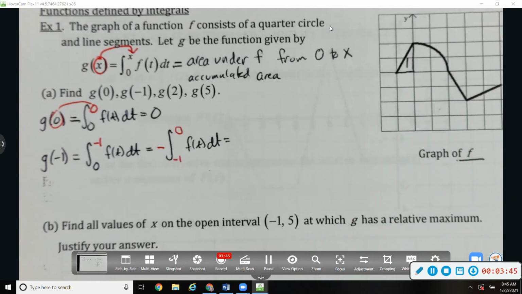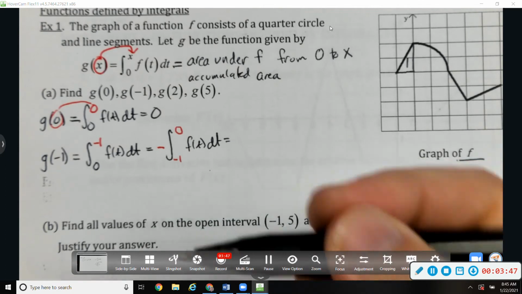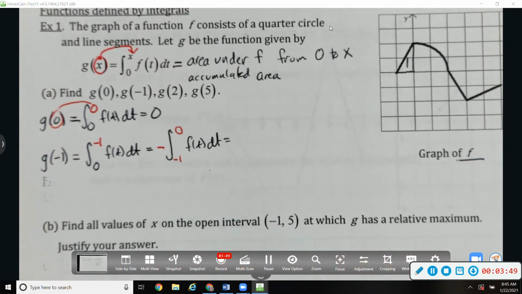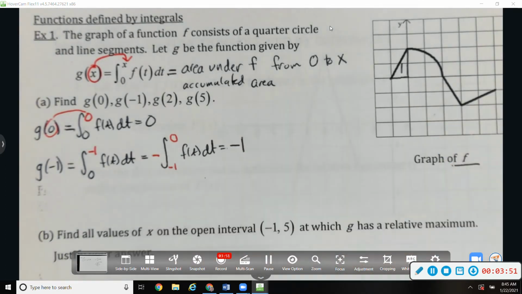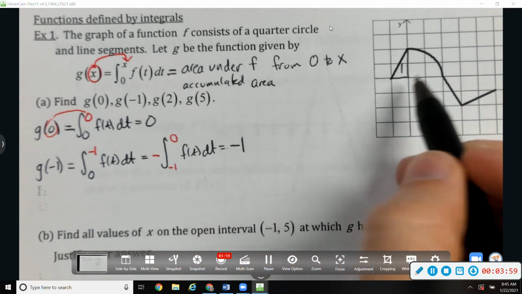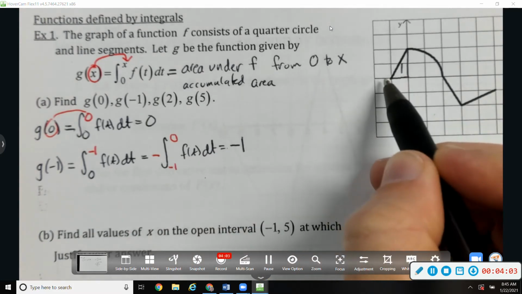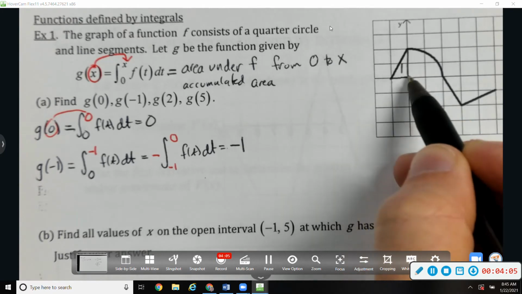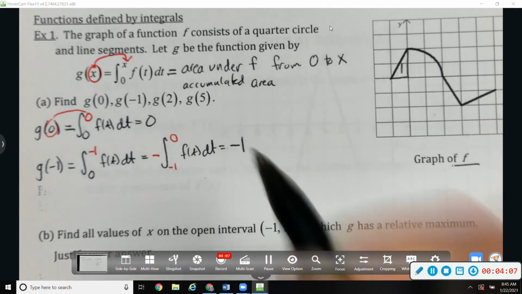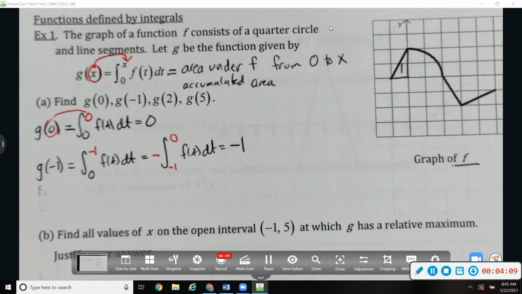So the area is 1, but because we went backwards, or because we flipped the limits, either way, our answer is negative 1. And I think that makes sense, because our accumulated area, starting at 0, going to negative 1, we're going backwards. So yes, the area is 1, but we went in reverse, so that negative 1 showed up.